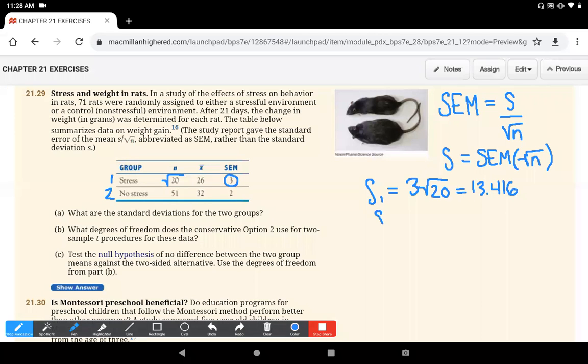And S2 will be the standard error for no stress times root 51, giving us 14.283.